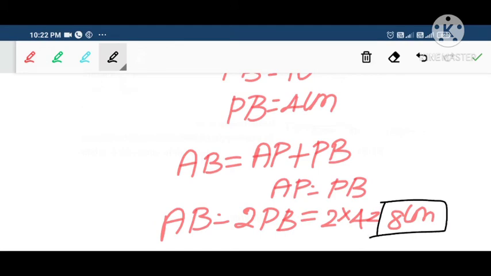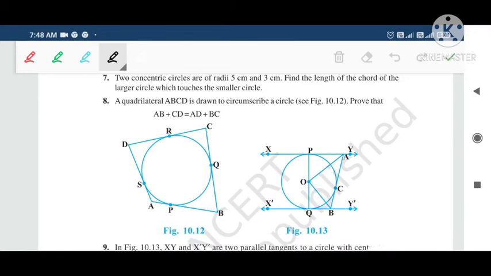Next we move on to question number 8. A quadrilateral ABCD is drawn to circumscribe a circle, as in figure 10.12. Prove that AB plus CD is equal to AD plus BC.